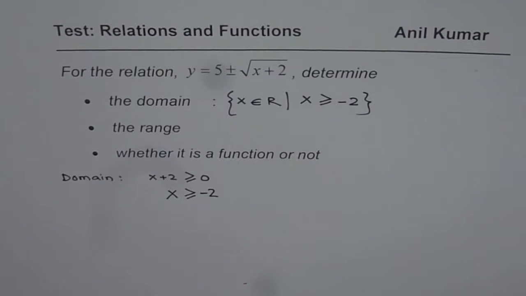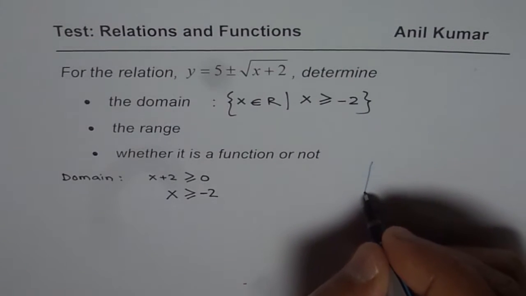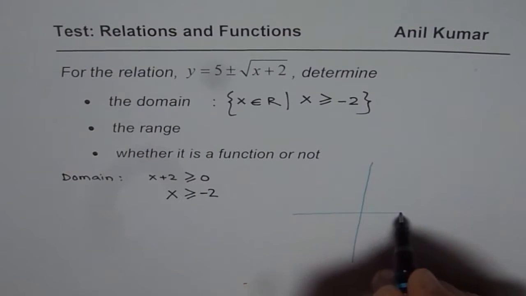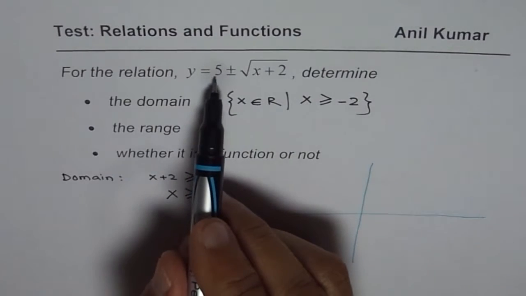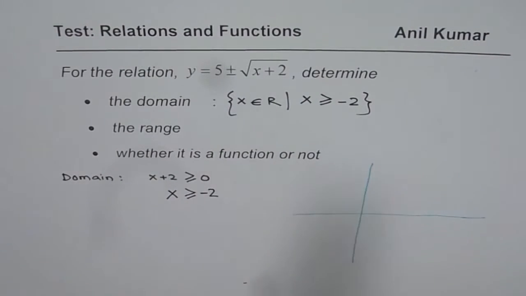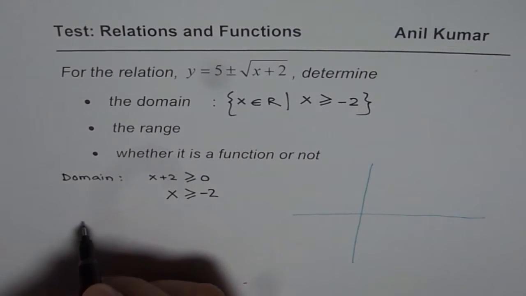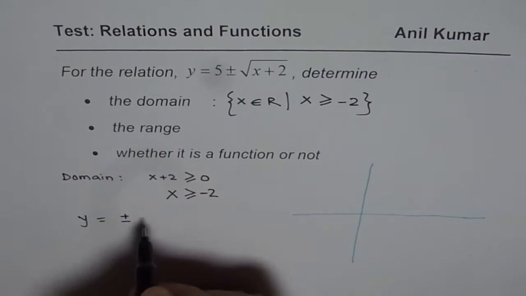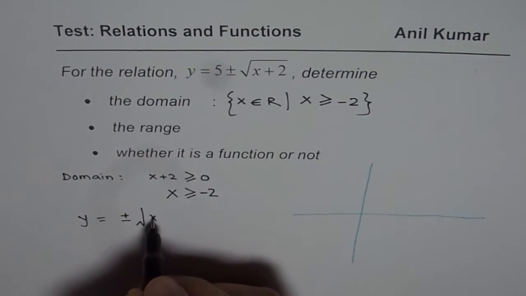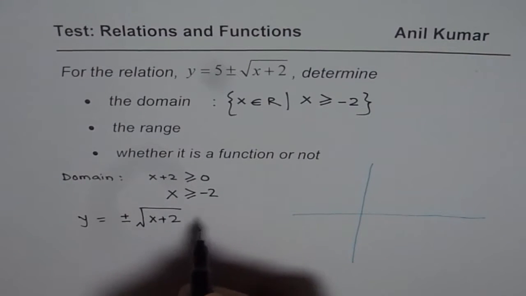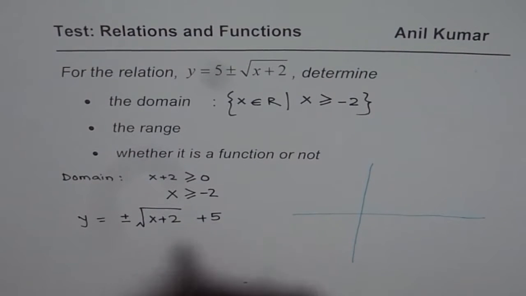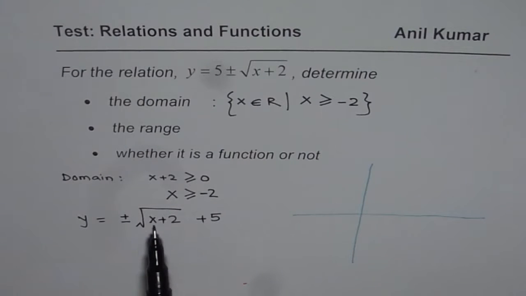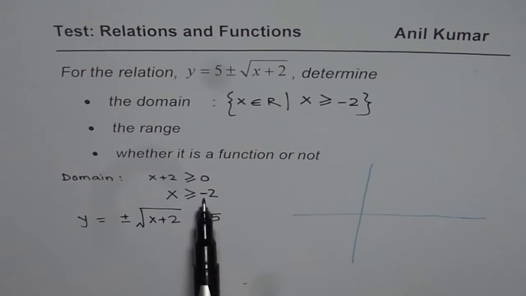That is the domain. Now let's talk about range. Let me try to sketch this function also, and then we'll discuss its range. It is 5 ± square root of (x + 2). So let me write this function as y = ± square root of (x + 2) + 5. Do you see that? So 5 is your vertical translation. The square root function has been moved 2 units to the left, so that is minus 2.